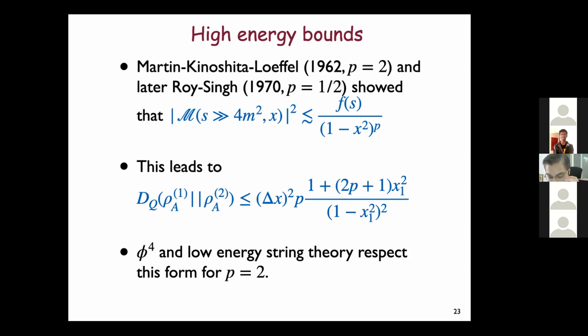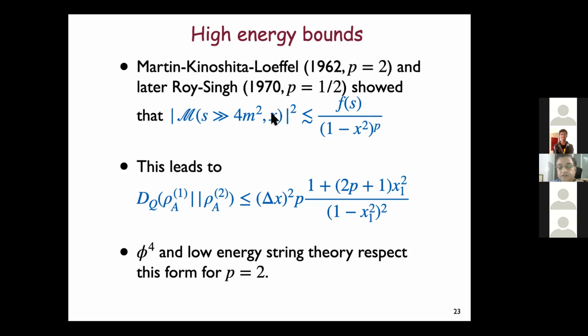You don't require a specific model where you do these calculations. So under general arguments, one can show that the matrix element squared is bounded in the high energy limit. This is for fixed angles.